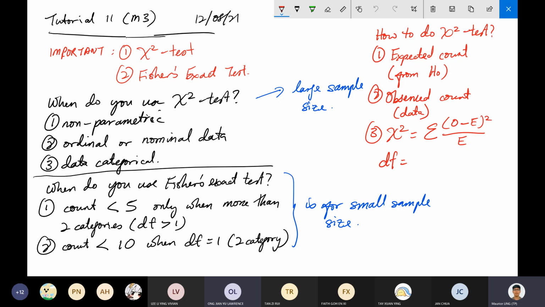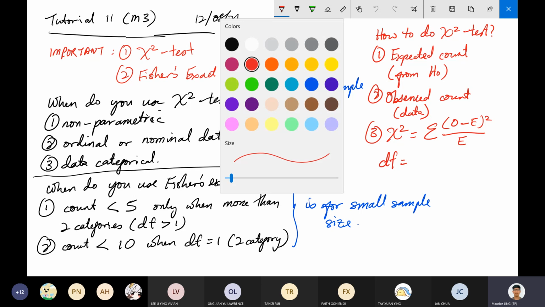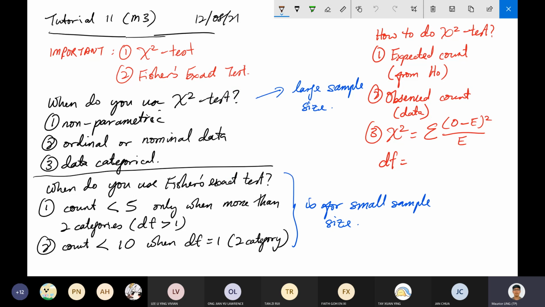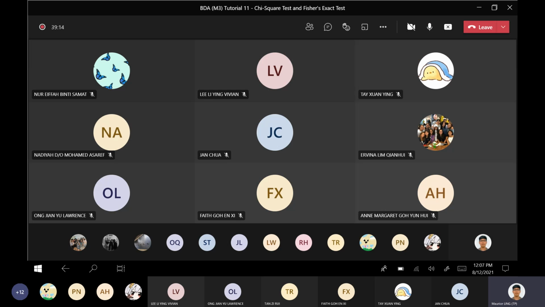It's not sample minus 1, that's the problem. Chi-Square test degrees of freedom is not sample minus 1. You are very used to having most tests, degrees of freedom is n minus 1. You use it for your t-test, you use it for your ANOVA. But Chi-Square test, degrees of freedom is not n minus 1. Can somebody help Lawrence?